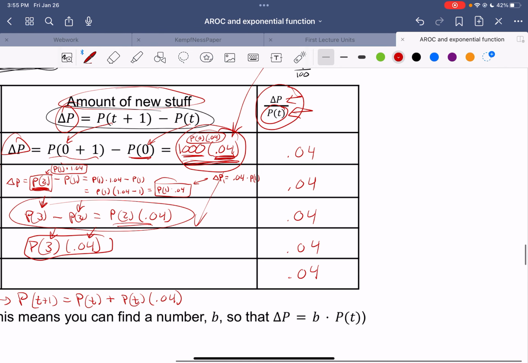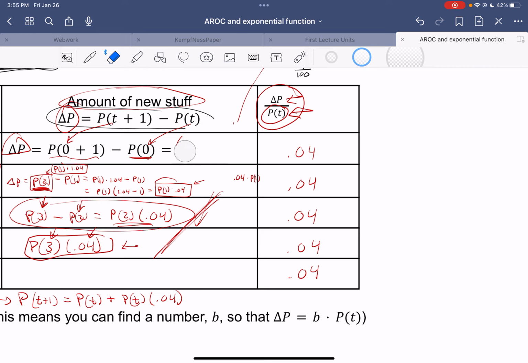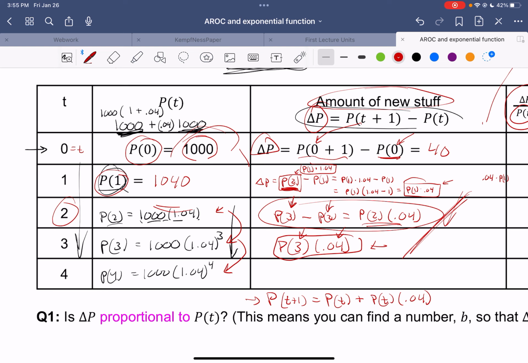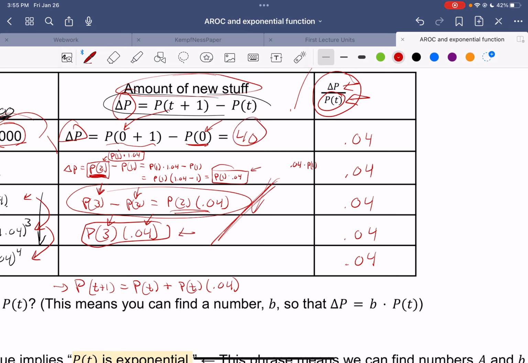All right, here's what I was expecting you all to do. See all this fancy factoring that I did over here where I'm writing stuff like this? I didn't think you'd actually do that. I figured what you would do for this box, for example, is you would say 40, okay? Because this box is 1040. So what is P at 1 minus P at 0? It's 1040 minus 1000, it's 40.